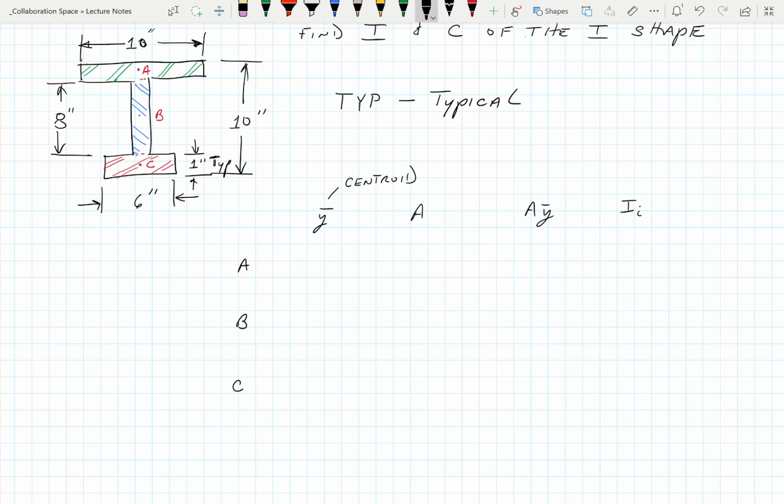Okay, so for part A, assuming that we start here at this line at the top height of the H, what is the centroid of that shape? What's that? H over 2 or 1 divided by 2.